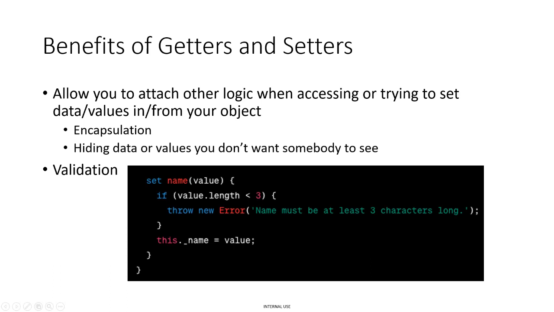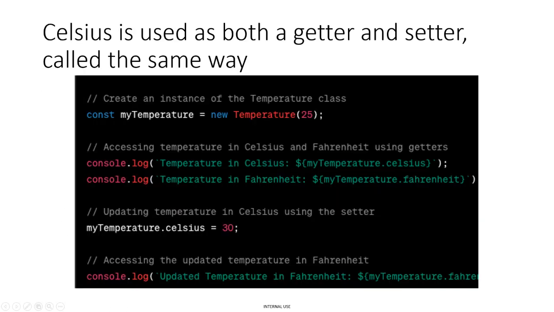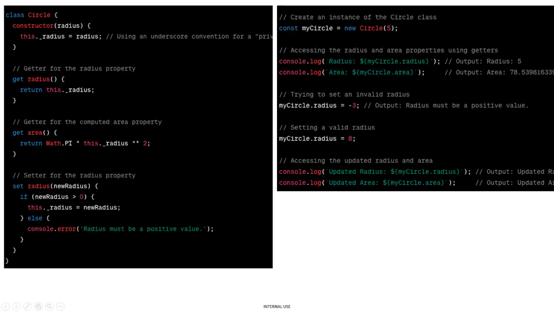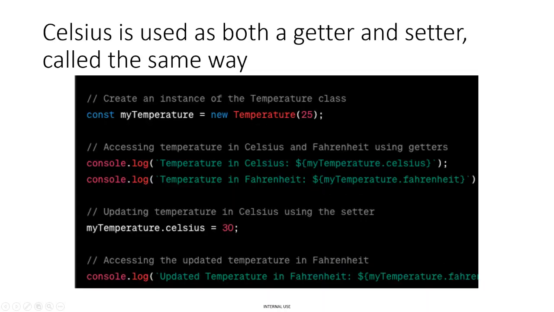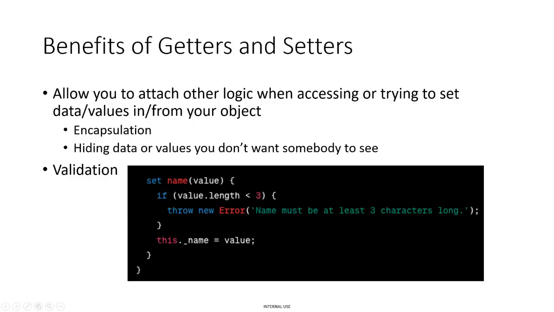And also you can do validation in a getter or setter, like we saw in the example before. I think it was here in the radius on the left-hand side. When you try to assign a -3, we can actually validate this to make sure that it's above 0. So that's another advantage of using getters and setters, to attach validation to these methods to only return values of an appropriate value that's consistent with what you're setting.